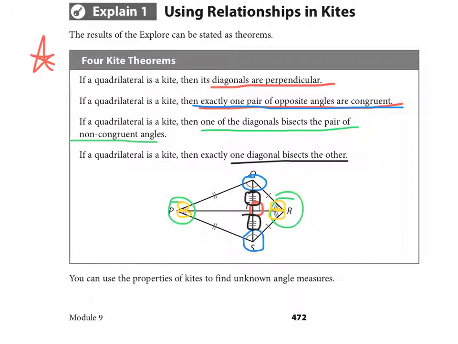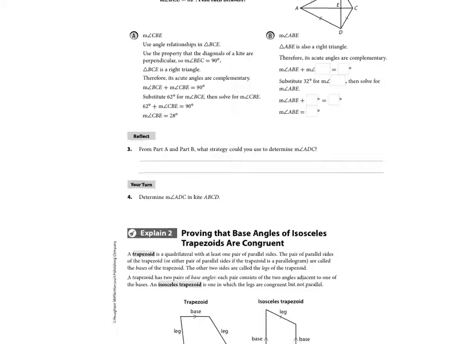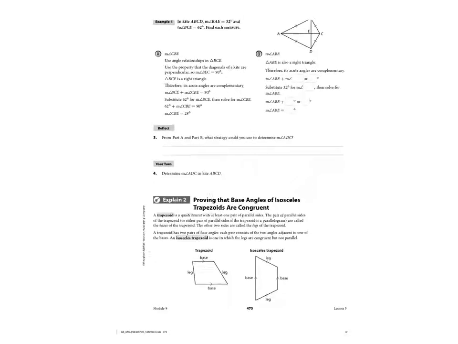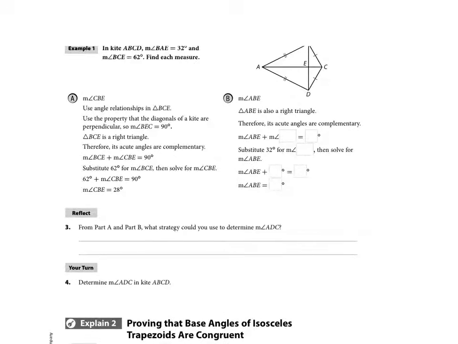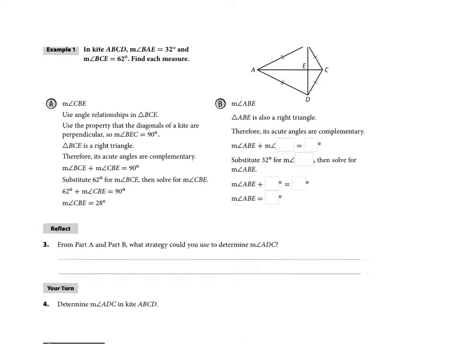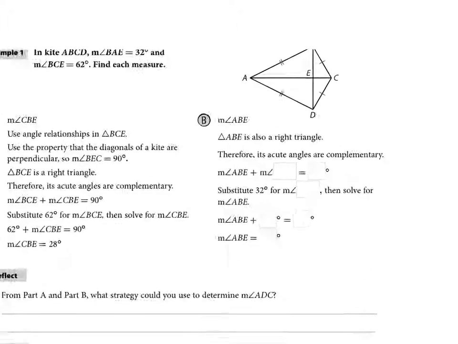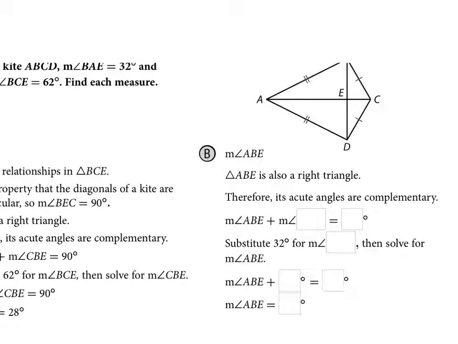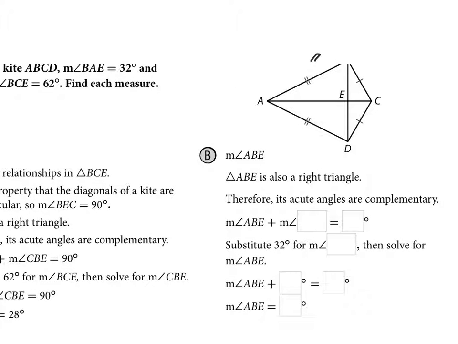All right, so turn the page. On top of 473, it says, in this kite, and for some reason the top of this doesn't want to come in.